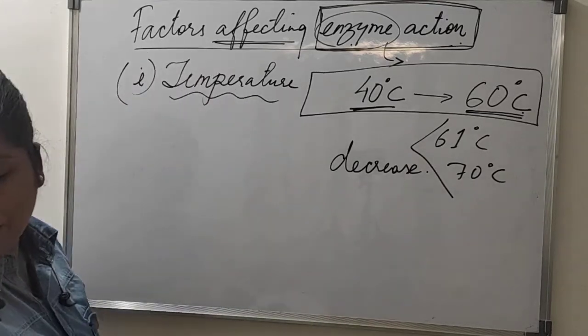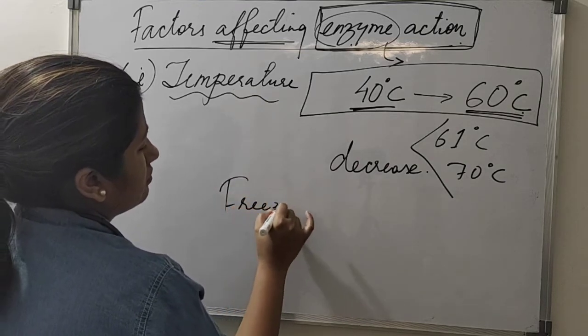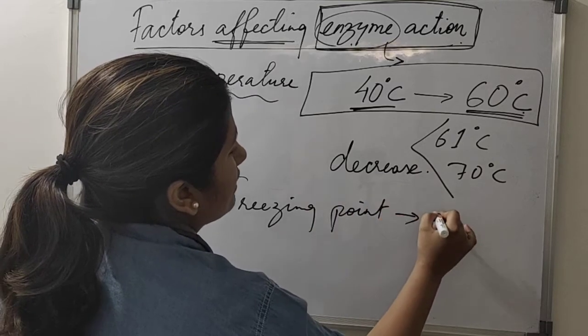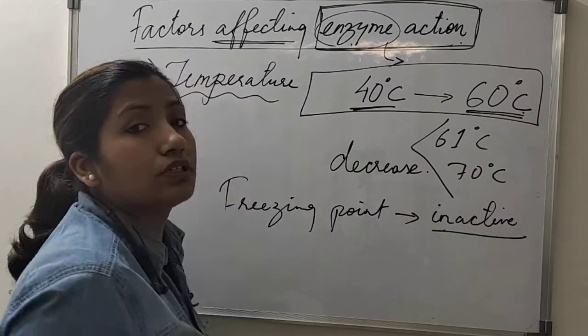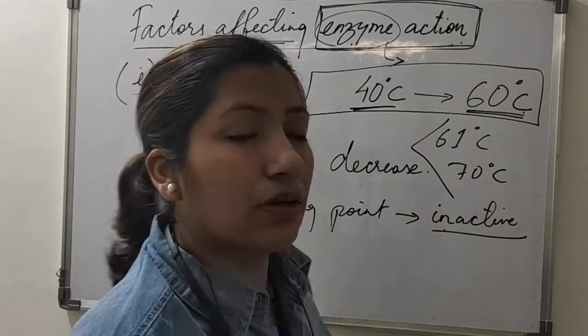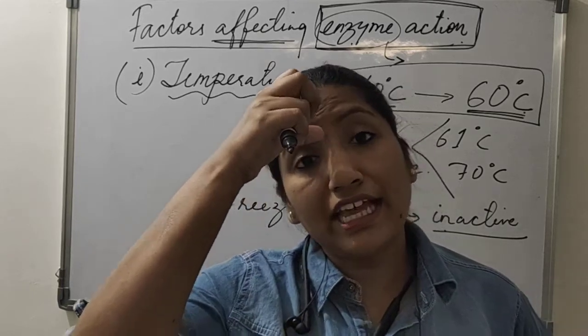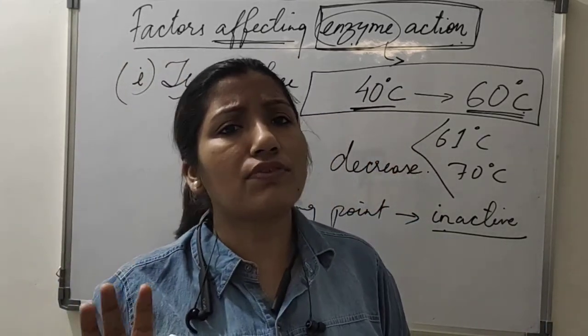And at freezing point, enzyme becomes inactive. They don't work. Breaking down is a different thing. Breaking down means the enzyme denatures, and once the enzyme denatures, it will not function.